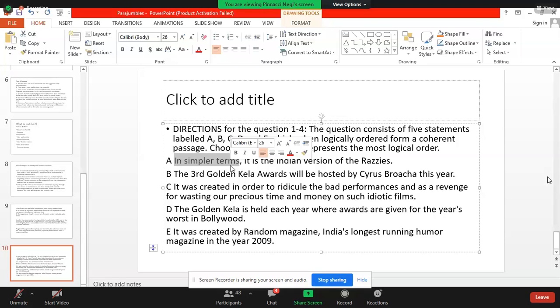So if you can quickly identify what that would be, you will find one pair. You will get one pair. And when I read, I realized that they're explaining about the Golden Kela Awards. It necessarily has to follow D, because it explains what it is, right?